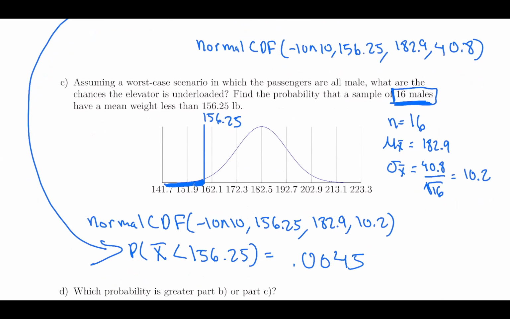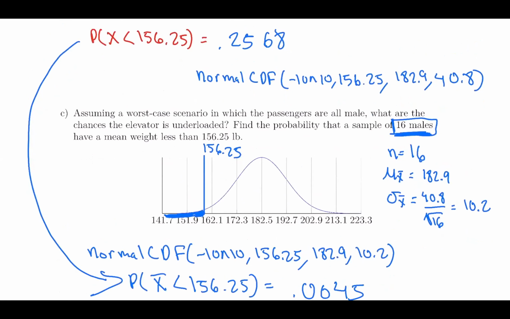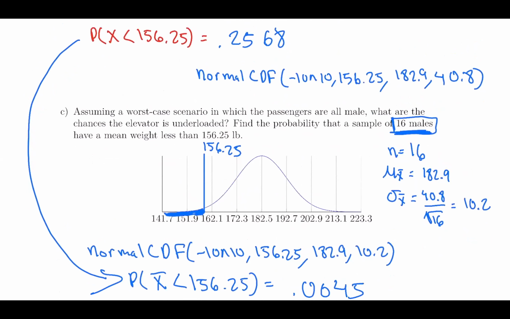For D, it says which probability is greater, part B or part C? We're using less than, if you look right here, this is less than 156.25 pounds. Oh, sorry.